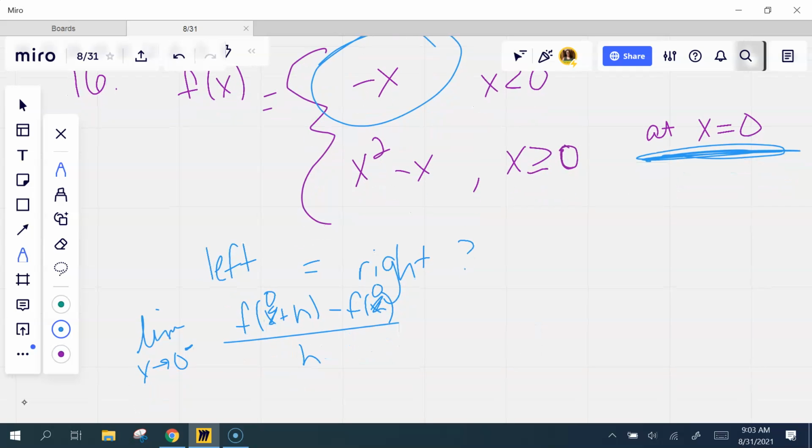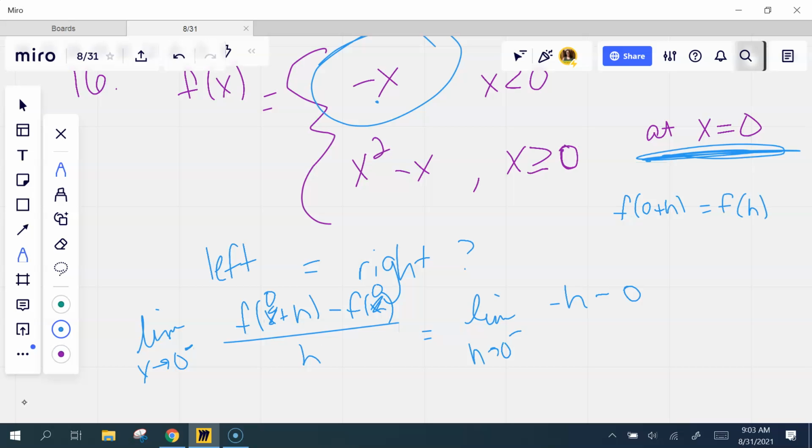Right. So as I find this one, I'm taking the limit as h goes to 0 from the left. Well, 0 plus h is just f of h. Do you agree with that? I agree with that statement. Okay, so this is just negative h. Are y'all okay there? Minus f of 0 is just 0. f of 0 plus h is the same thing as f of h.